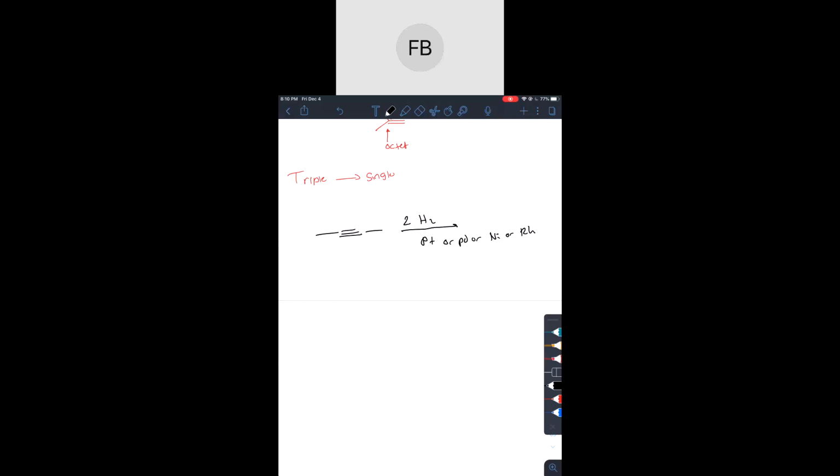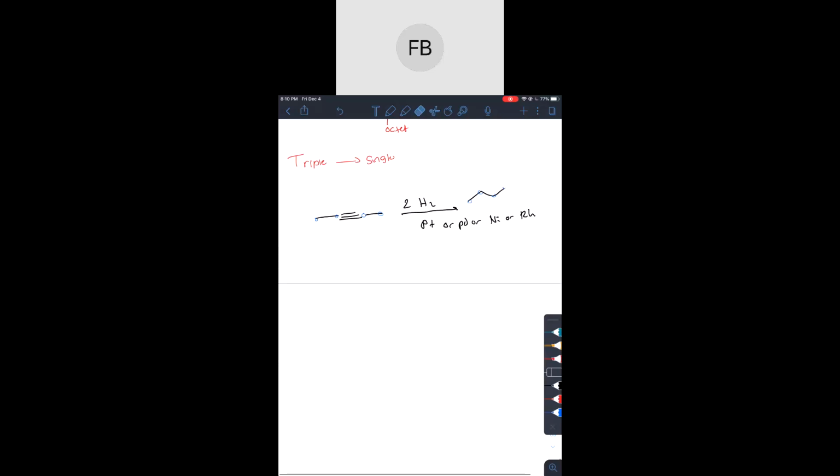And so basically, this is just going to give you a single bond. Make sure that your carbons match up. 1, 2, 3, 4. 1, 2, 3, 4. So that's how to go from triple to single.